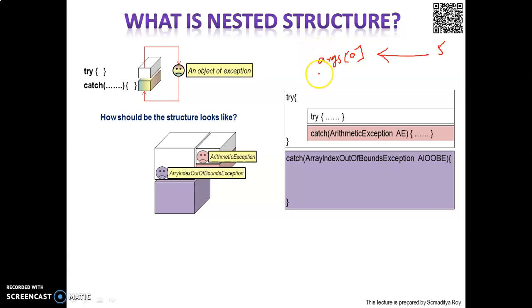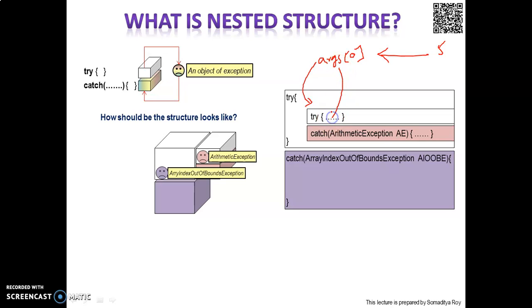Now suppose we put that instruction within this outer try block. That means this outer try block has this instruction and the overall try-catch block, where the inner try block is only able to handle the arithmetic exception, but not this args, because that is not in here.